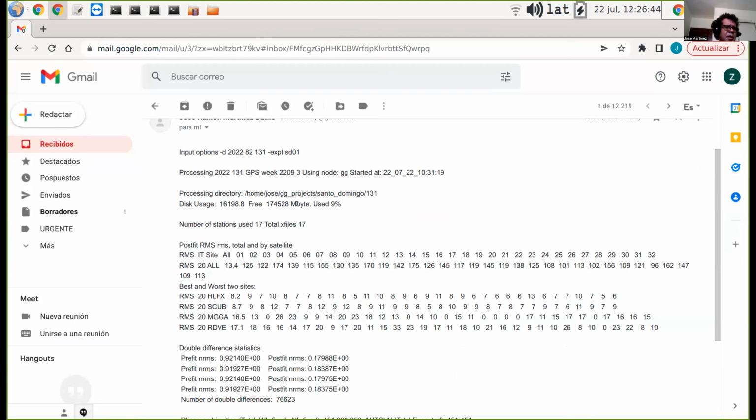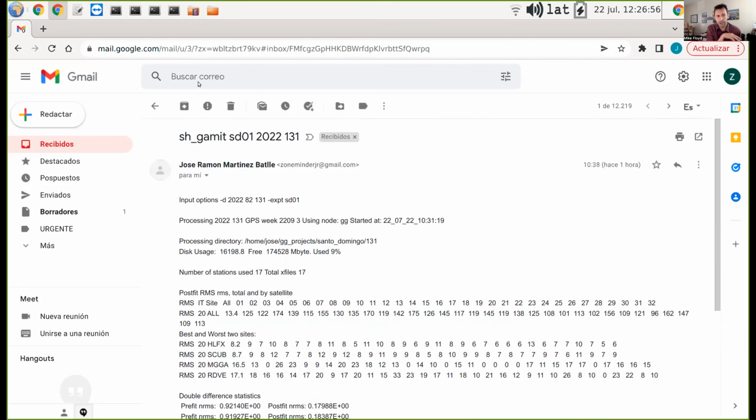Well, MGGA on your screen there shows 16.5 millimeters of RMS, so that's much better. So perhaps the previous high number was because the a priori coordinate was just not very accurate.